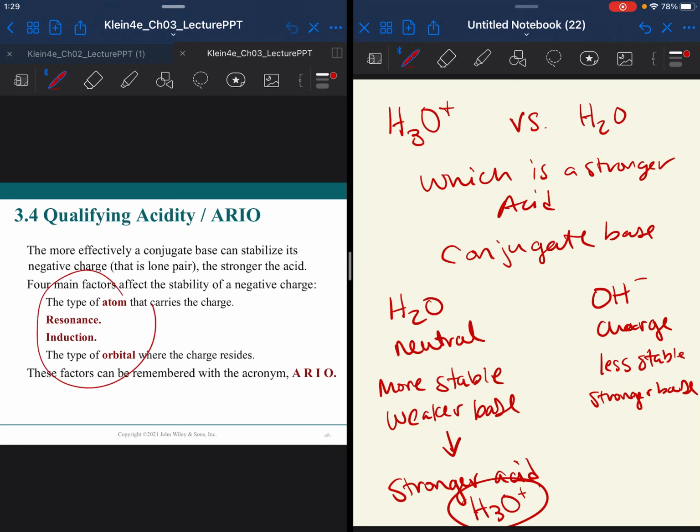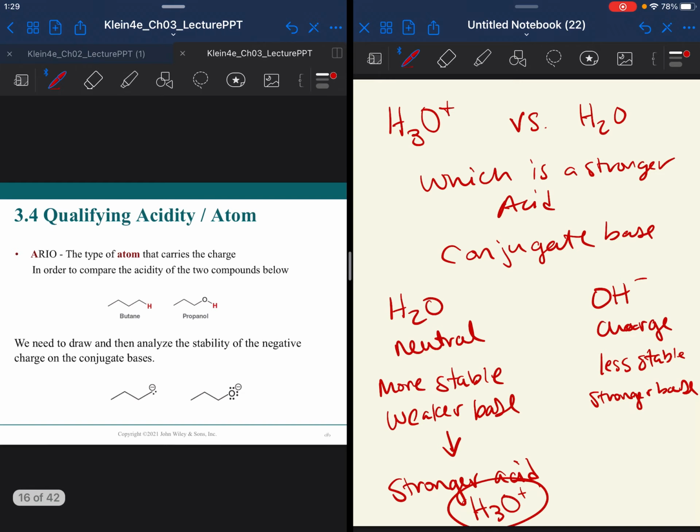This helps you here when you have a charge, right? If both of the conjugate bases have a charge, charge is inherently less stable. Which one can hold that charge better? And that is where atom, resonance, induction, and orbital will come in.